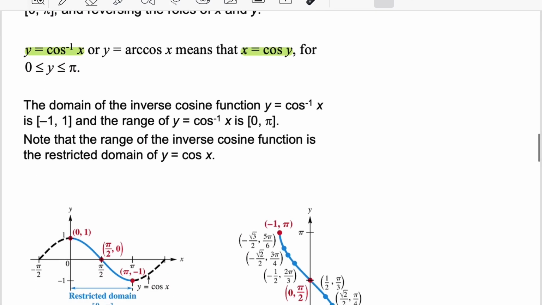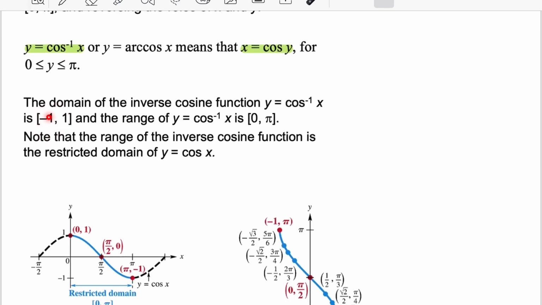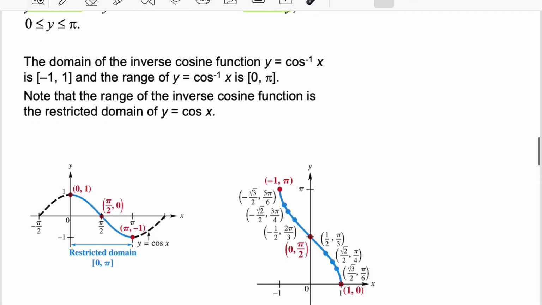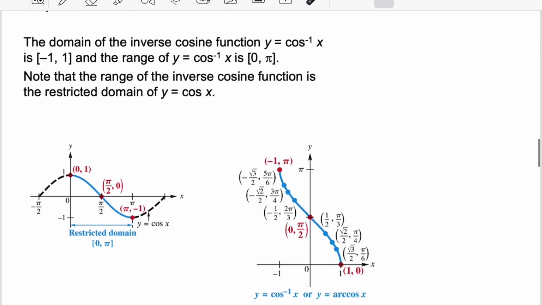Now the domain of our inverse cosine function is going to be this here, and the range is given by this here. And again, we know that the range of the inverse cosine function is going to be the restricted domain of our cosine function. And that's given by this diagram here. We have the graph of our cosine function and our restricted domain, and the graph of our arc cosine function.